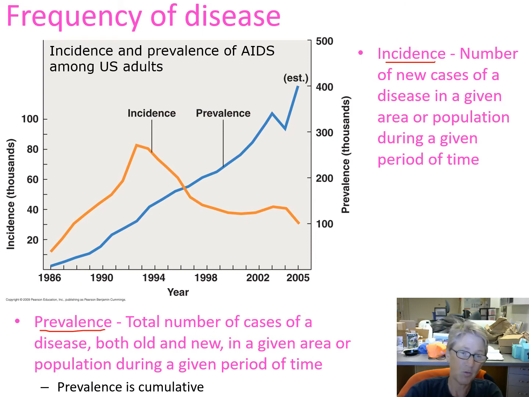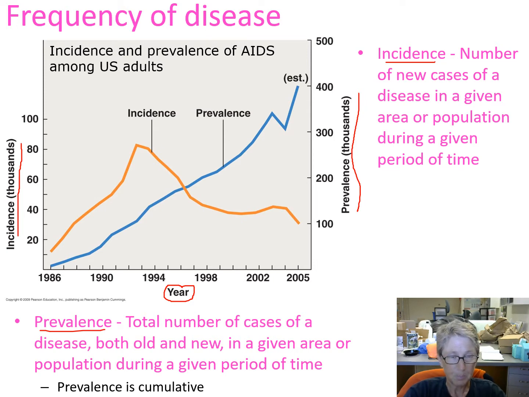You can see on this graph, on one y-axis, it has incidence in the thousands, and then prevalence on the other y-axis in the thousands. And then on the x-axis is the year. So if we look at the yellow line, incidence, that's the number of new cases of a disease in a given area or population during a given period of time.